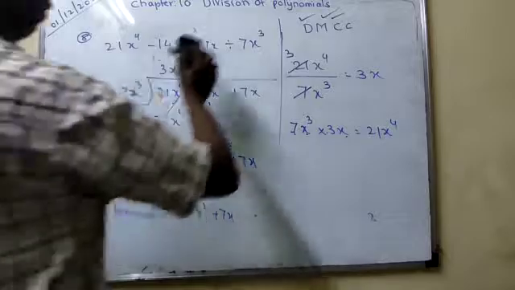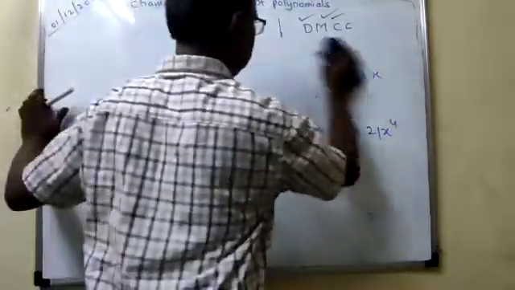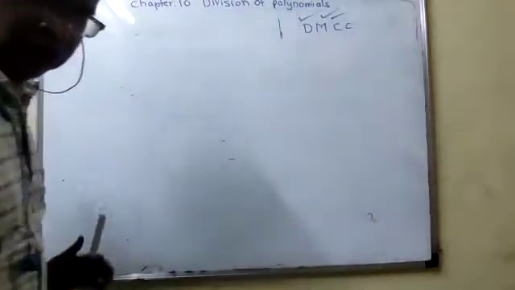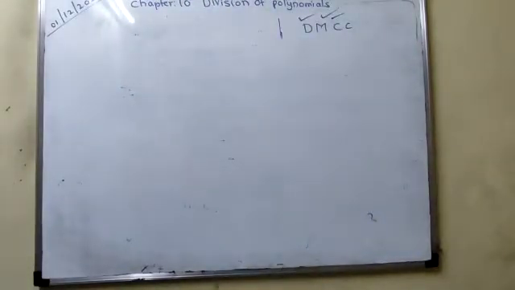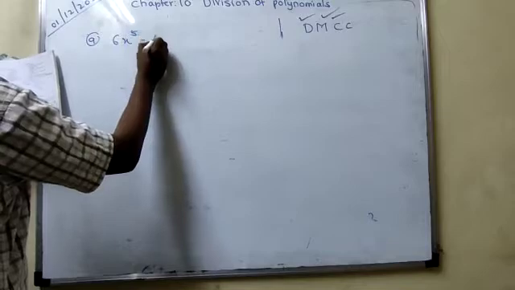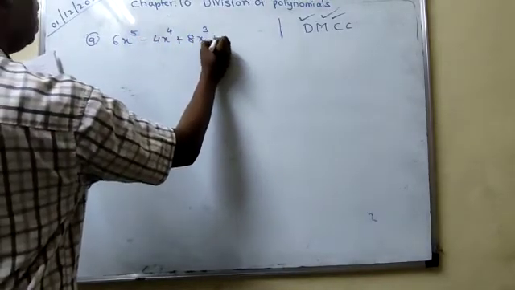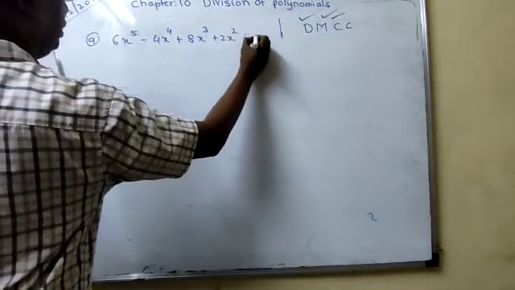Sum number 9. What is the ninth question given here? 6x raised to 5 minus 4x raised to 4 plus 8x cube plus 2x square divided by 2x square.